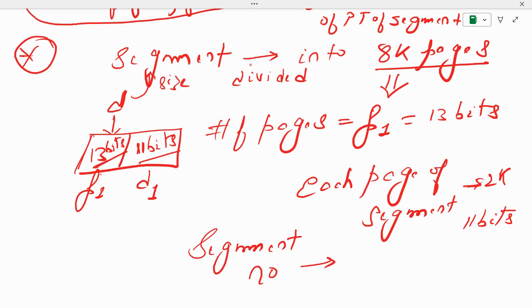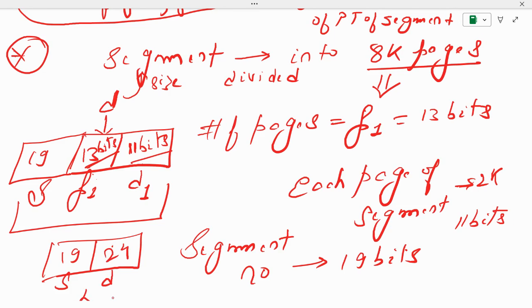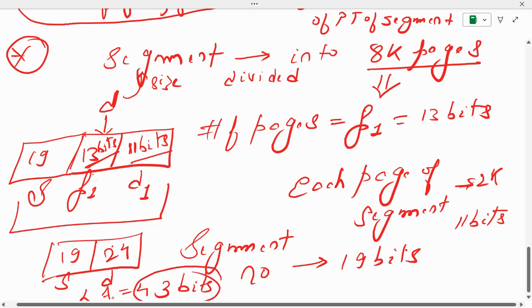So the segment number requires 19 bits. So definitely this S becomes clearer. So S becomes 19 bits, and it is nothing but S plus D. S is 19 bits and D is 13 plus 11, 24 bits. So altogether we have the LA, the logical address, that is 43 bits, right? So LA is clearer from here, right?